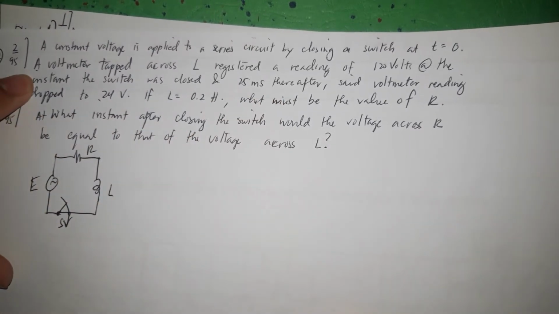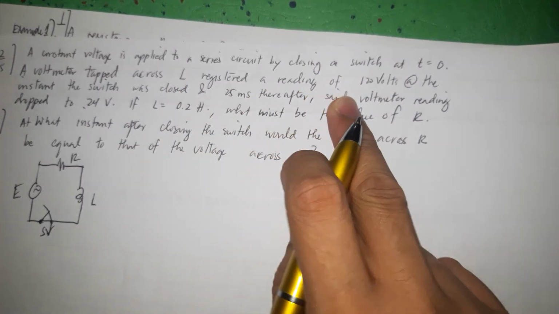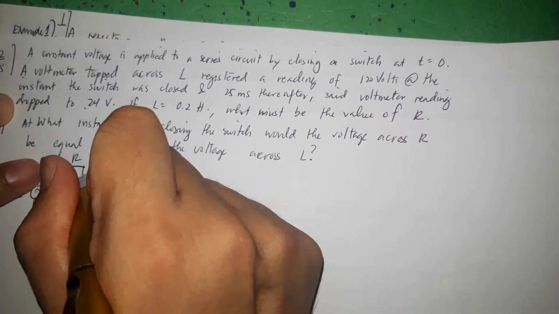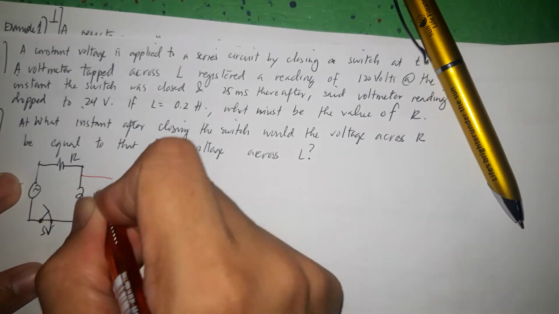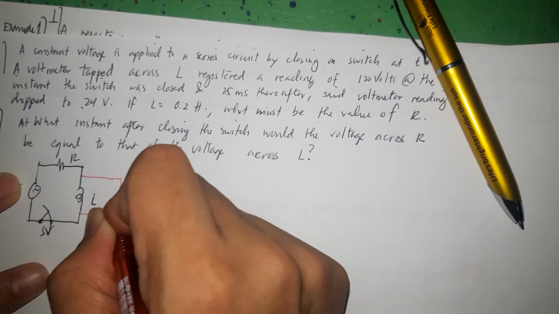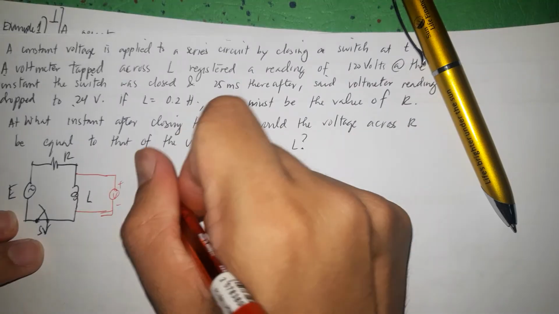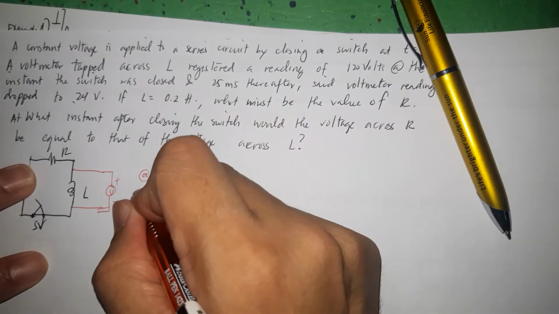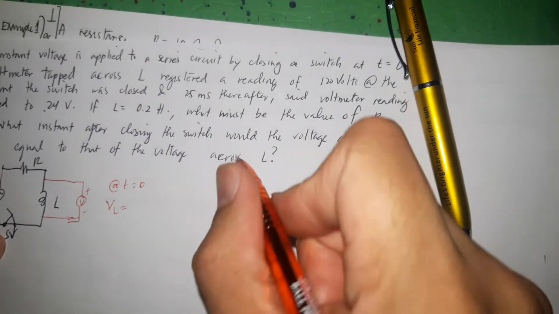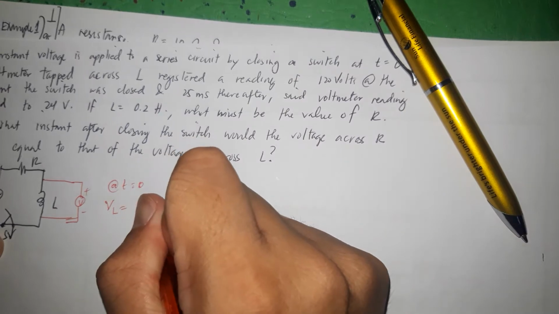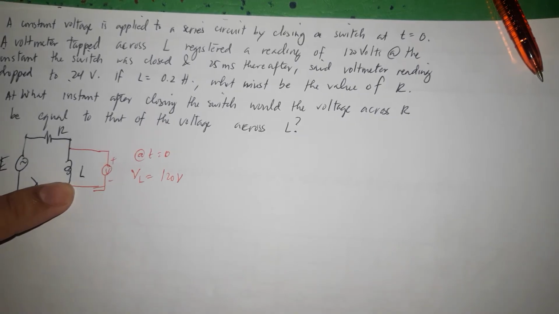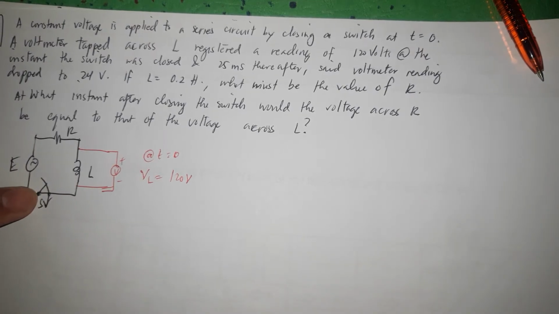A voltmeter tapped across L registered a reading of 120 volts at the instant the switch is closed. So there is a voltmeter tapped across the inductor, and at time t is 0, the time the switch was closed, it registers 120 volts.